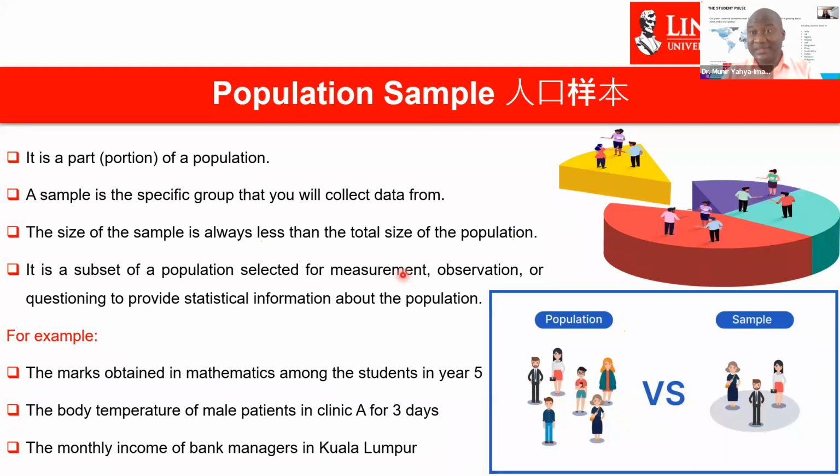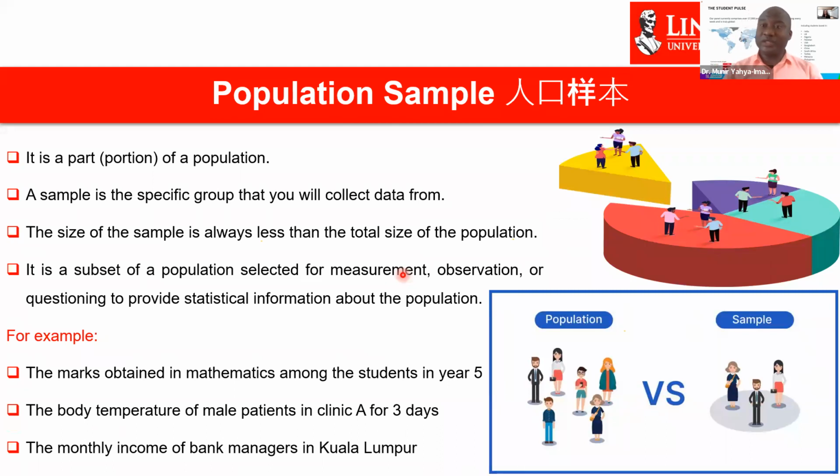So as a result, you will not be able to collect data from an entire population. And you will be spending more time, more effort, more money. It could be super expensive.